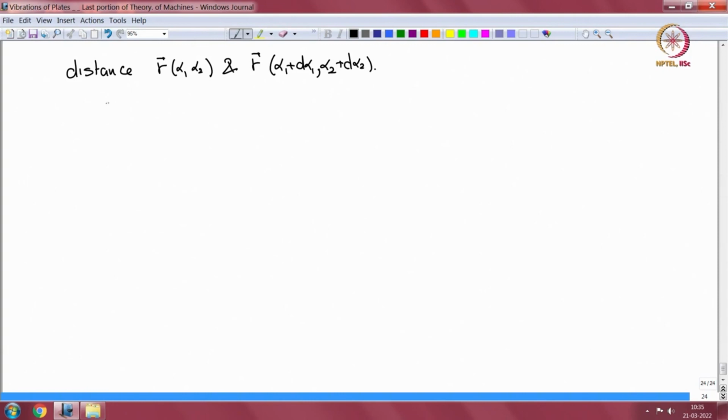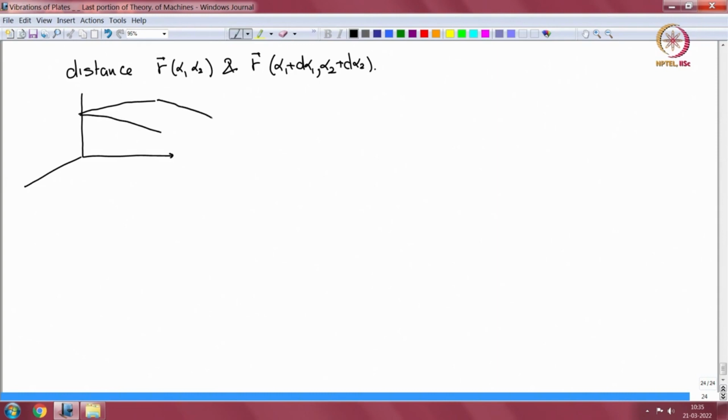That means we are just looking at the middle surface. Okay. So there is a shell of revolution, I told you, and then there is a middle surface.